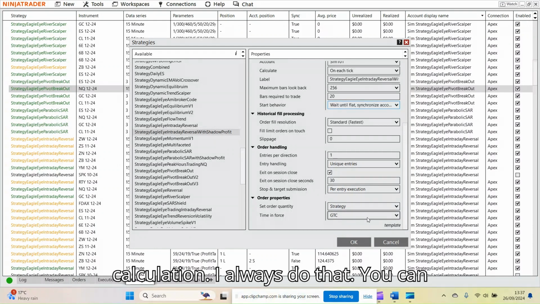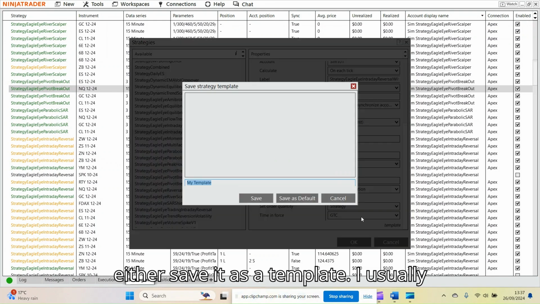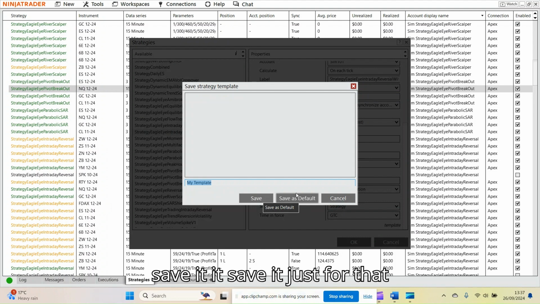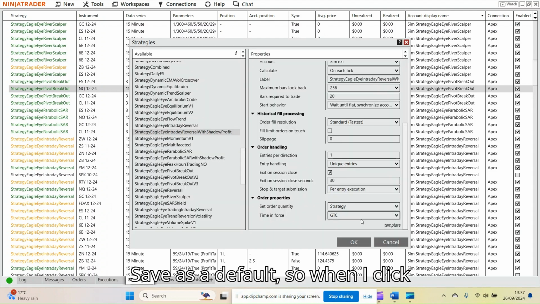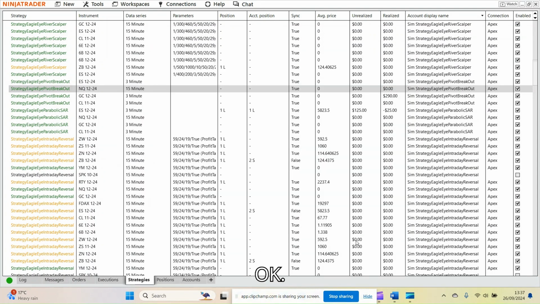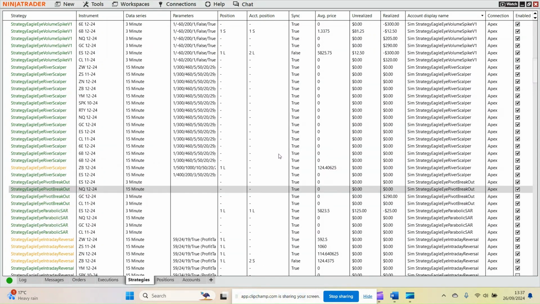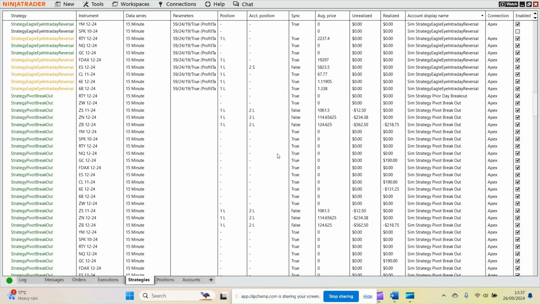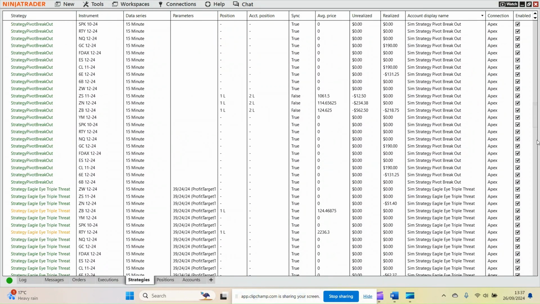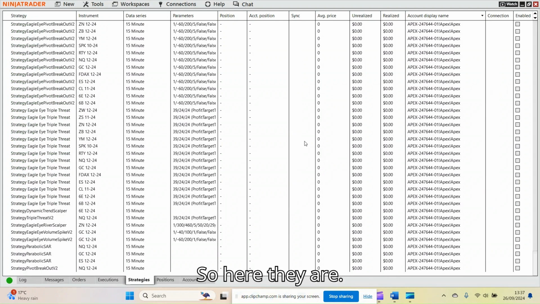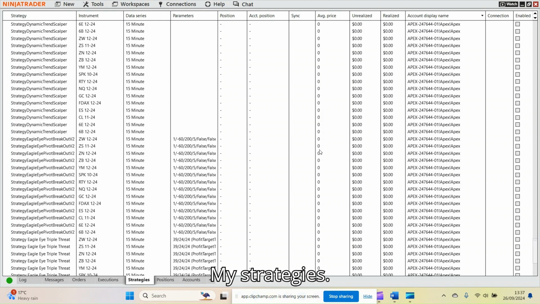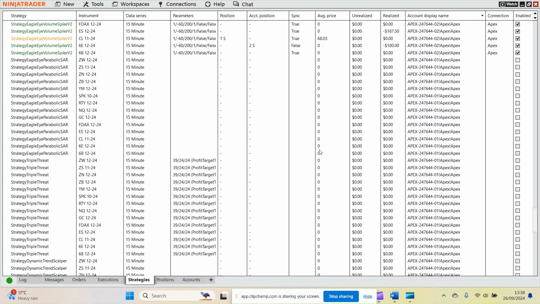I always do that. You can either save it as a template. I usually save it just for that particular strategy. I save as a default. And then click OK. So here they are, my strategies.